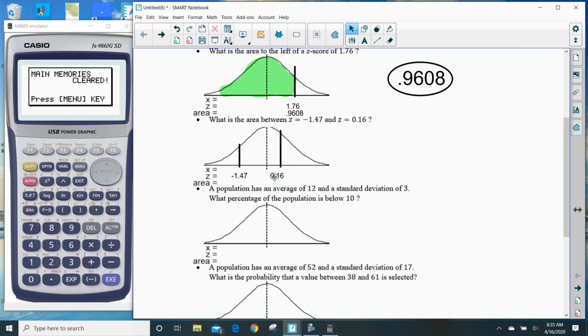We want to know the area in between these two things. To find it, I'm going to take the area to the left of the 0.16 minus the area of the negative 1.47. So it's the big minus the small. First stop is finding the areas of these things.